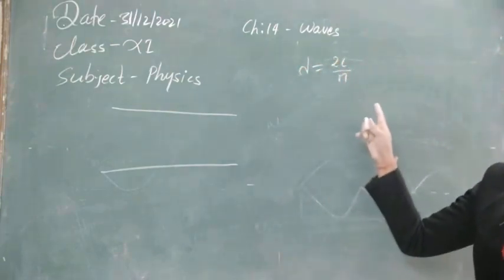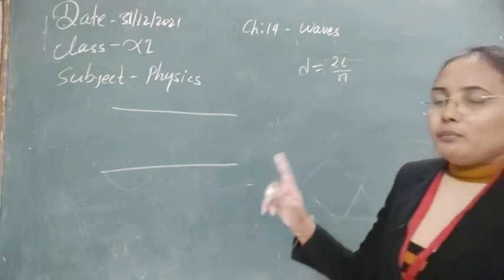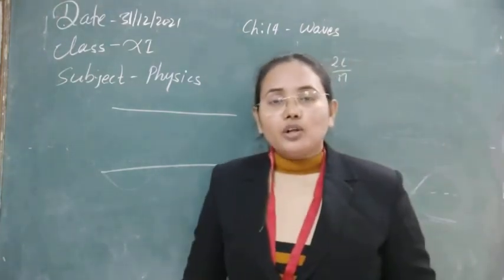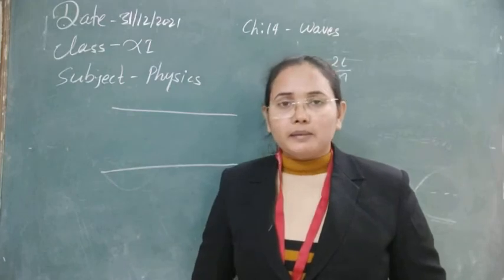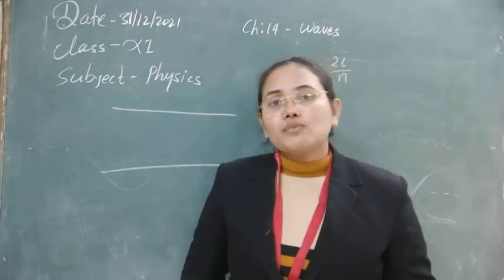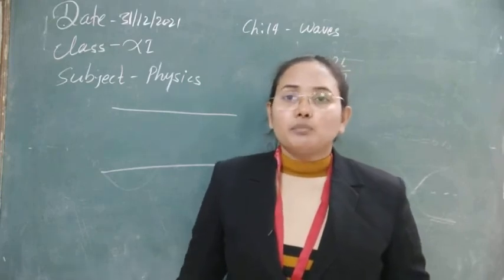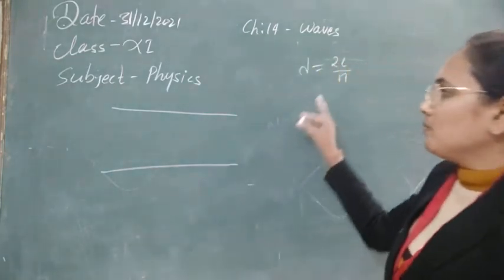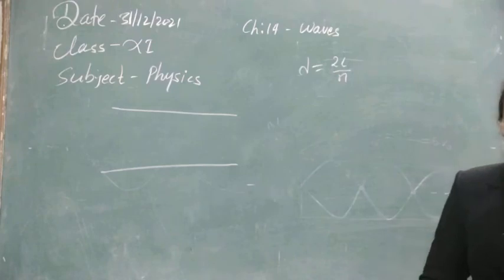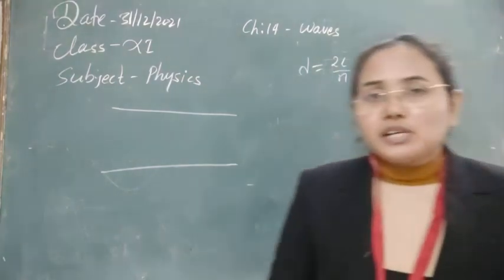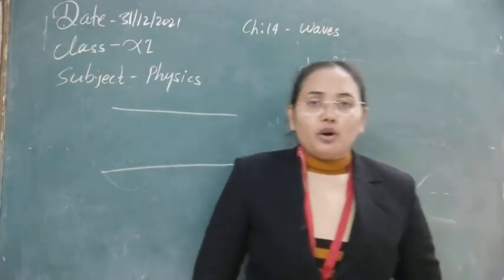And now you can see this condition is the same as when both ends are fixed, as we discussed for the stretched string that is fixed at both ends. So the same situation we also get when both ends are open, but the figure and the waves are different.